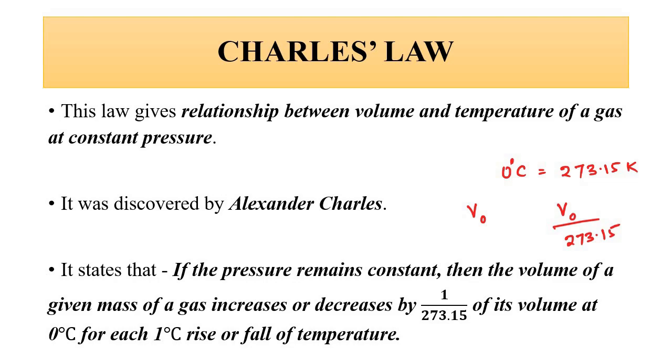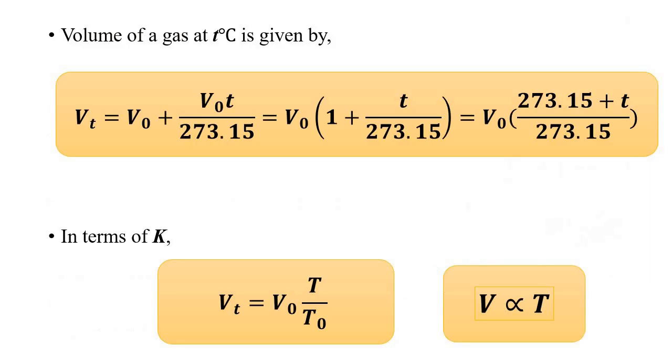This is given by the mathematical relationship where the volume of a gas at a particular temperature in degree Celsius is Vt equal to V0, the volume at 0 degree Celsius, plus V0 by 273.15 multiplied by the temperature small t, which is in degrees Celsius.